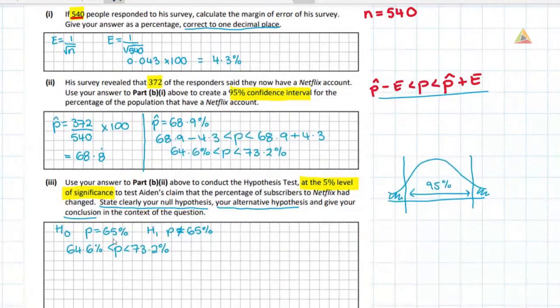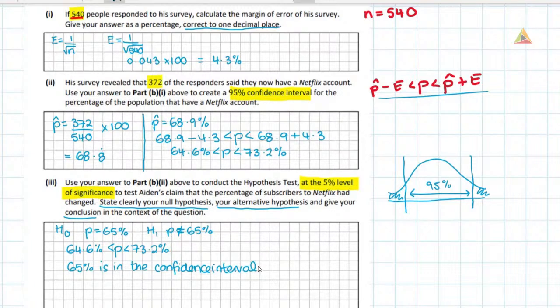And since the 65% that was given to us is in this interval, which goes from 64.6 up to 73.2, and 65% is in that confidence interval, that means that it may not have changed.